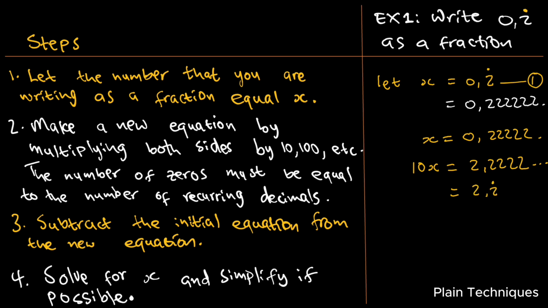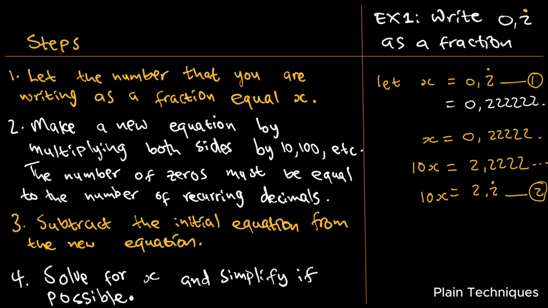So 2 with a dot on top replaces whatever I had here. Okay, so 2.22222 is the same as 2.2 with a dot. So this will be 10x. Okay, therefore this is my second equation.